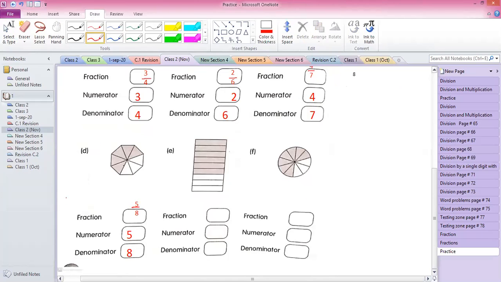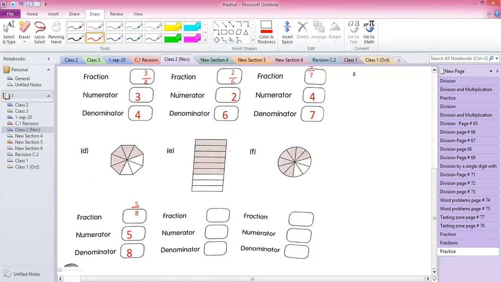Now coming to figure E. Yes, guys, tell me the denominator of figure E. I'm going to open the chat box. Denominator of figure E. Okay, everyone is saying 9.